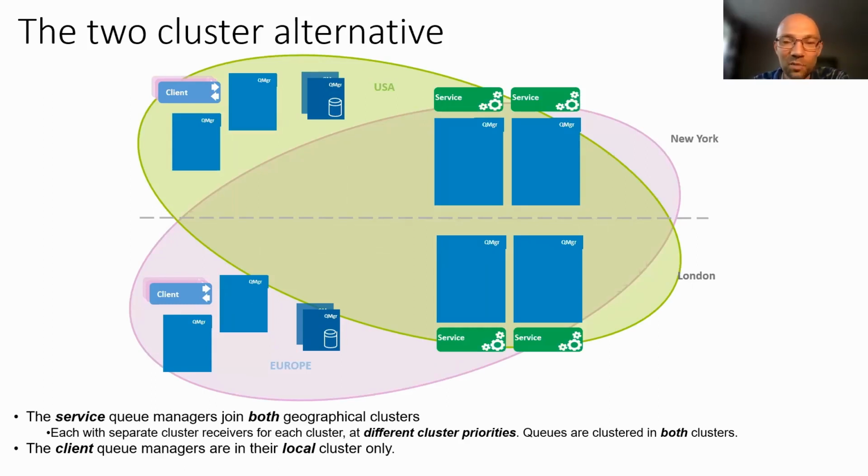And because queue managers can be in more than one cluster, you have your service queue managers in both clusters, so that the clusters overlap at that point, but your client queue managers are in only one cluster. And the way that you can set this up to achieve the same thing as the previous scenario is by using that cluster workload priority attribute, not on the queues this time, but on the channels that are used within the cluster.